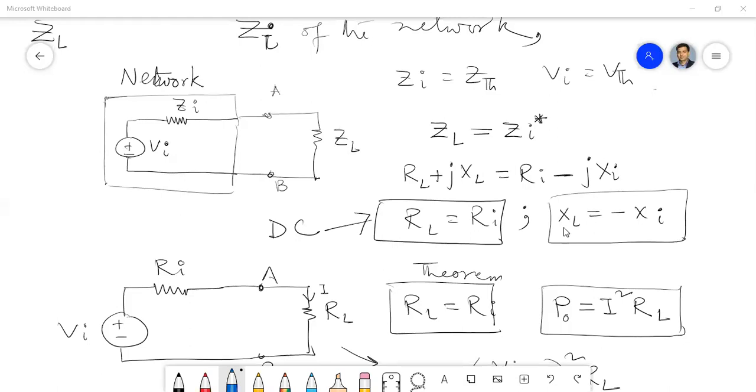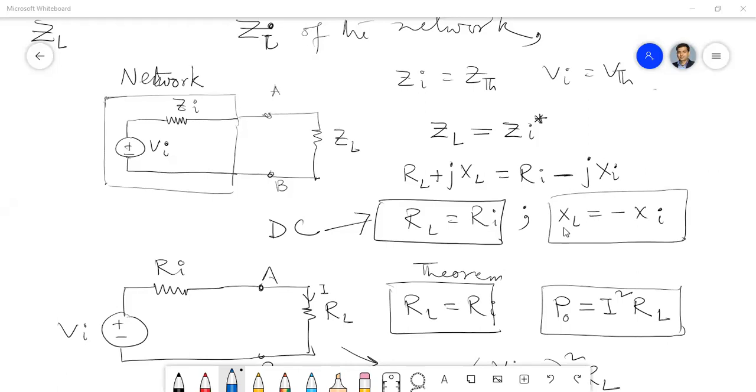Now, when I am saying that XL equals minus XI, what does it practically mean? If you have the concept of reactance, then only you can conclude that. If I have a capacitance in the output, then we have to use an inductance, so it's opposite in nature.